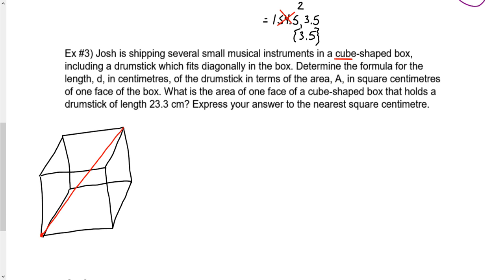Well, we know a few things, actually. We know about what this diagonal on the bottom would be, and what this would be. So the first thing we know is with the cube, all of these sides are the exact same length. So let's call them x.